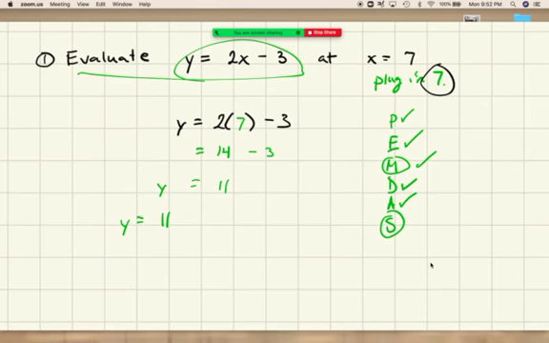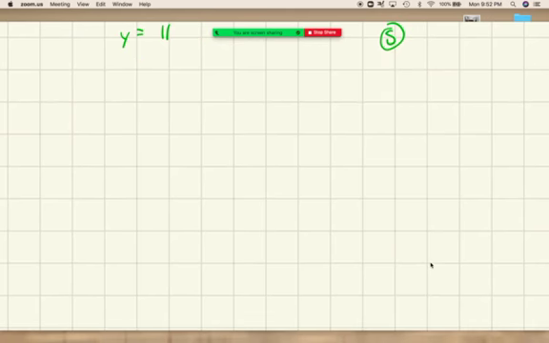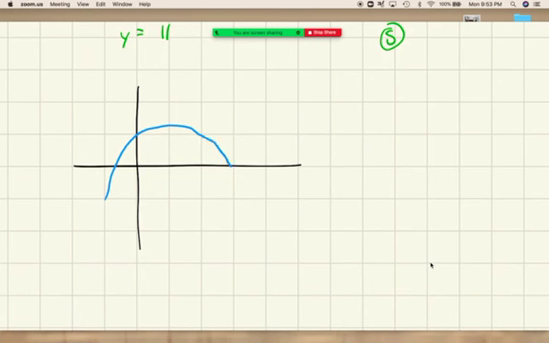Oh, okay. So that's one type of problem. Another type would be, let's say, a graph. I'm going to call this y.